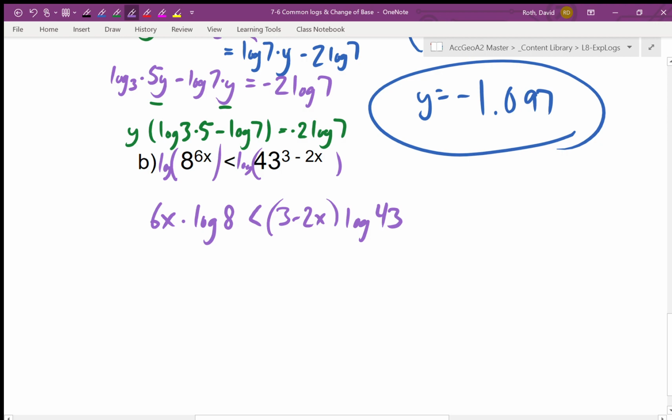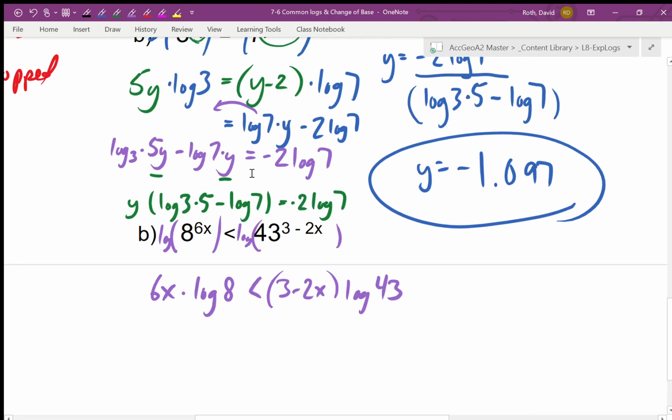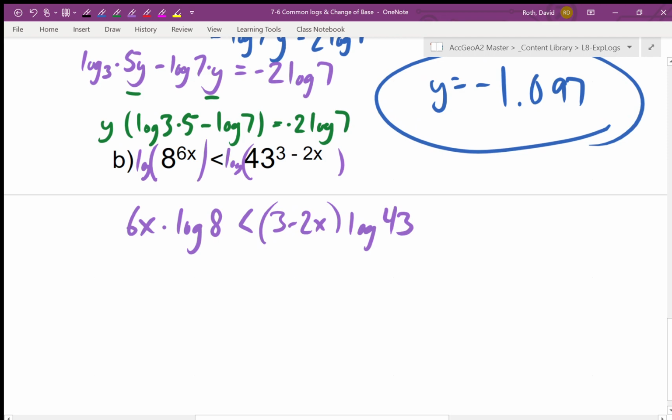And, well, let's be lazy on this and simply get decimals, just because that's okay as long as you keep a lot of decimal points. This is a bit tricky algebra, and there's some possibility of introducing error. I want you to be cognizant of round off error compounding in problems, but for now, if I do 6 times the log of 8, I believe you get 5.419.